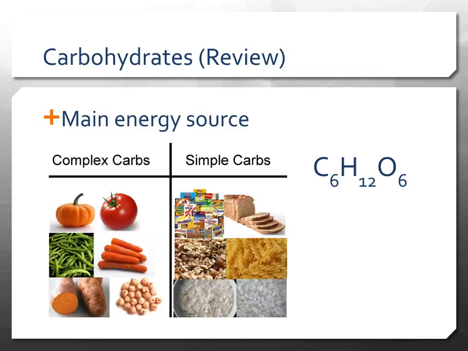Complex carbs are usually our vegetables, like potatoes and yams and carrots and pumpkins and zucchinis and peas. They take a long time to digest and extract the energy from them. So those are your better options because they give you sustained energy.